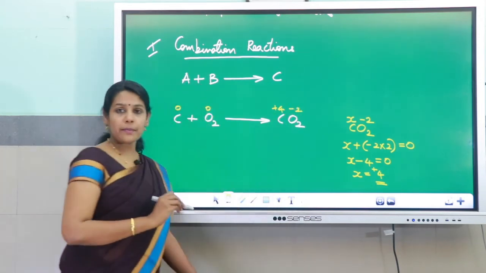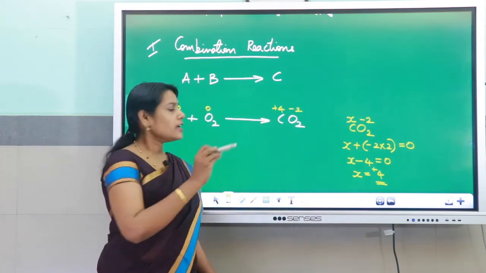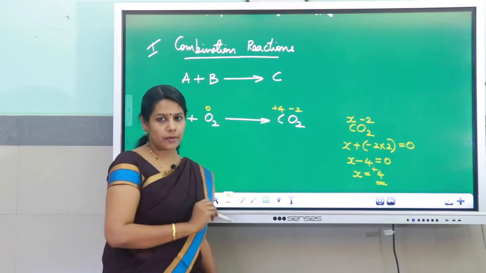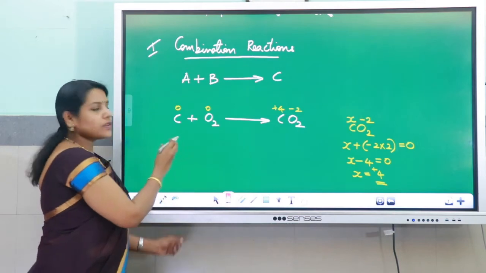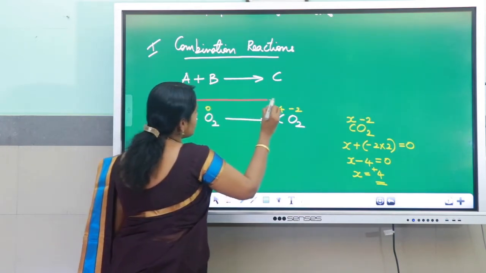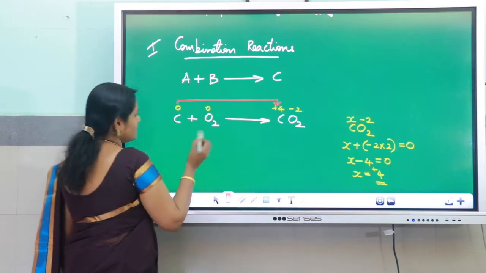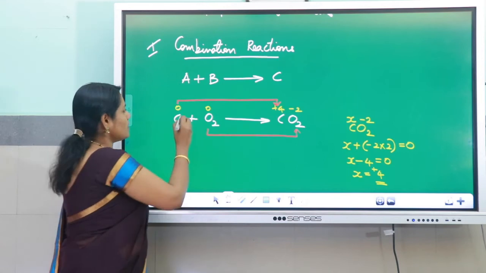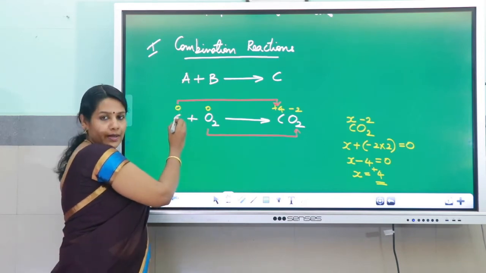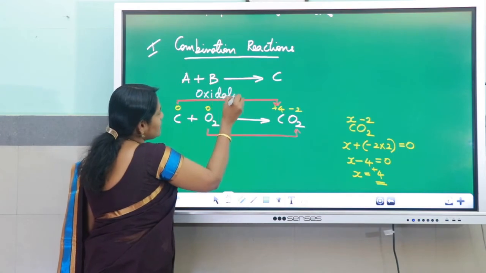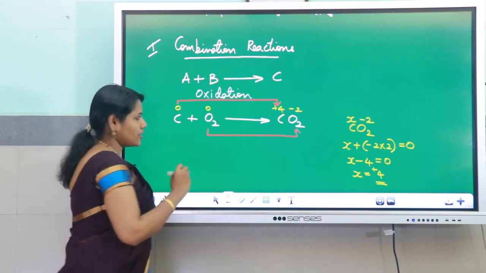Always remember, while writing the oxidation state, you are supposed to write only the oxidation state of a single atom on the top. So, here carbon 0 becomes plus 4. In the same way O2, 0 becomes -2. Carbon 0 becoming plus 4 is oxidation because there is an increase in oxidation number.